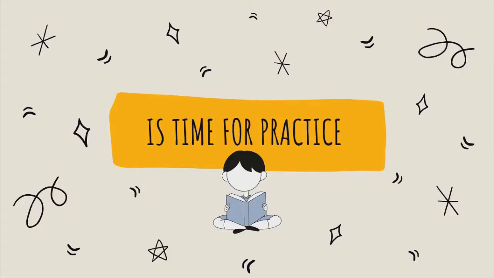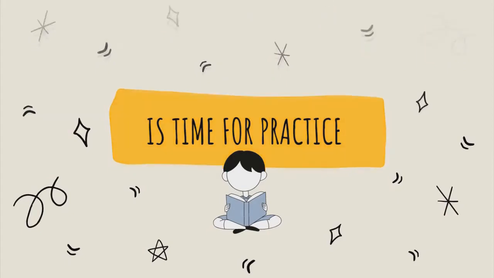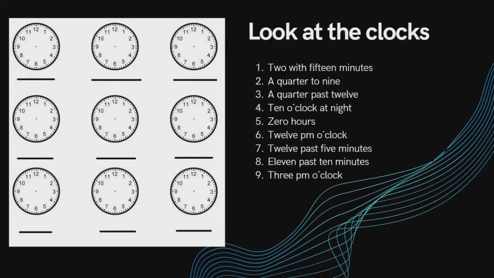Now guys, it's time for practice. We have the practice up-to-date class. It consists of the following. Says, look at the clocks. Tenemos los relojes que están ahí. Entonces lo que tienen que hacer, chicos, es lo siguiente. We have the clocks that are empty and a line behind each clock. Entonces tenemos una línea debajo de cada reloj y los relojes que no tienen las agujas.